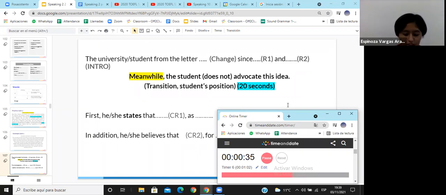First, he states that he found the music is distractive to students that are trying to study. And in addition, he believes that not everyone likes classical music and they will use other devices. So this is why the student doesn't like the idea.